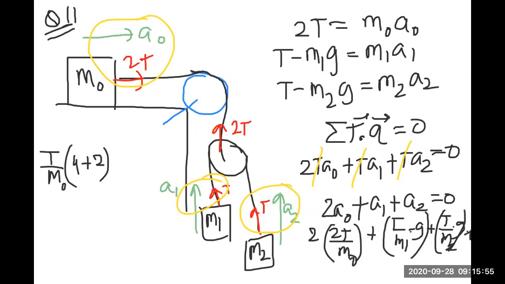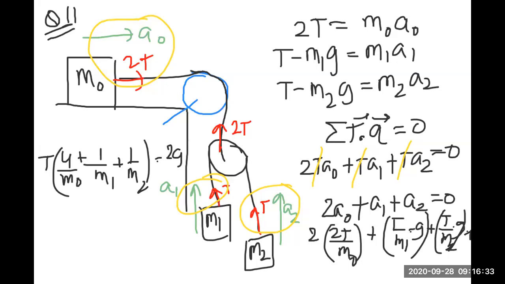Four plus 2 is equal to 2g. So t is equal to... oh sorry, what am I doing, my mind has gone bad early in the morning. 4 by m naught plus 1 by m1 plus 1 by m2 is equal to 2g.